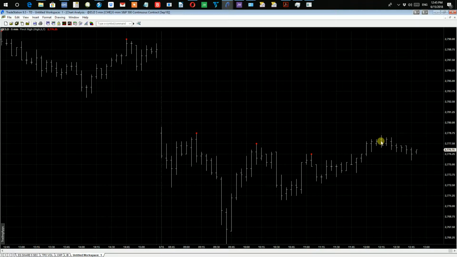So the right strength results in a delay. If we have a right strength of 1, we only need 1 bar to close to the right before the pivot shows up. But if it's 7, well, we've got to wait for 7 bars to close.